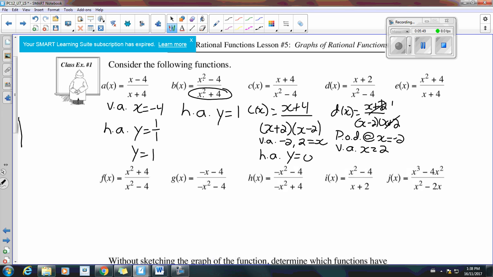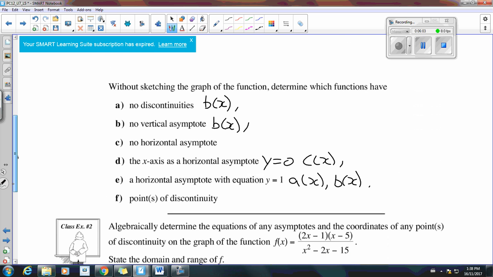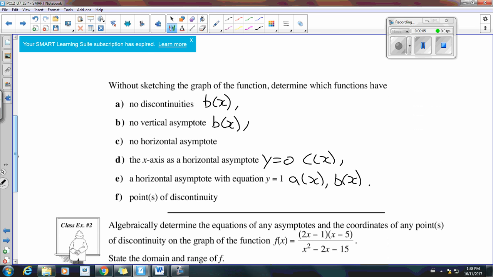And let's look for a horizontal asymptote. So same as C, the degree of the numerator is less than the degree of the denominator, so this has a horizontal asymptote at y equals 0. So where does that fit here? It has a point of discontinuity. It is the first one with a point of discontinuity, and it has a horizontal asymptote y equals 0.